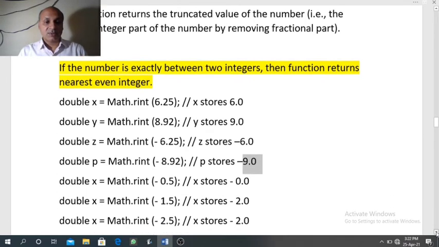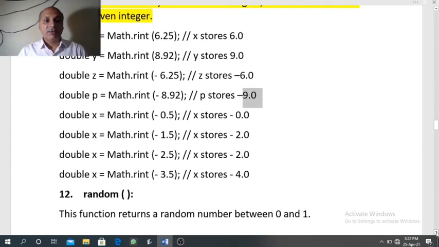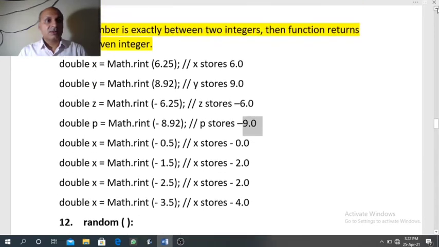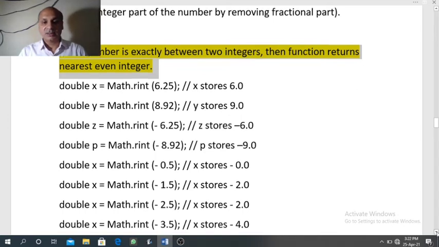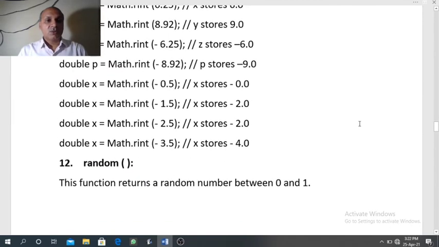Now the other examples. Here we will use the note. See the note once more. If the number is exactly between two integers, then the function returns nearest even integer. So now in this case we will verify it. Minus 0.5.